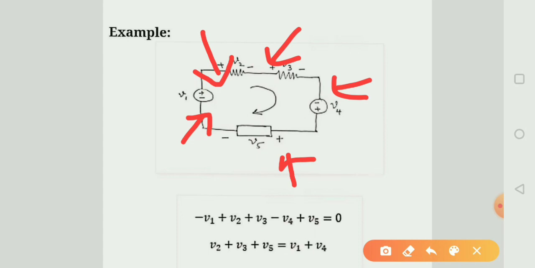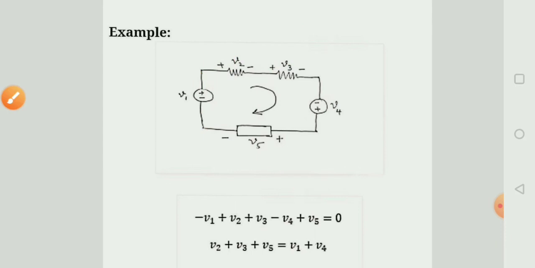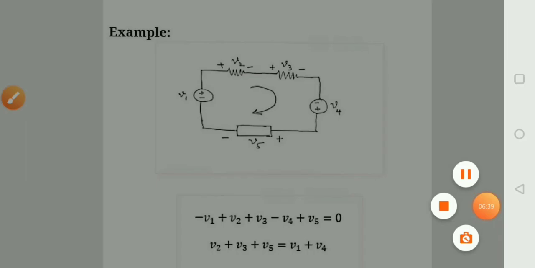So if we apply the KVL, the equation becomes minus V1 plus V2 plus V3 minus V4 plus V5 equal to 0. And we can say V1 plus V4 equal to V2 plus V3 plus V5.